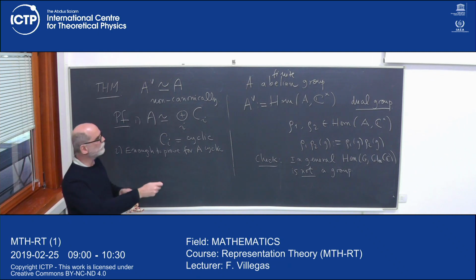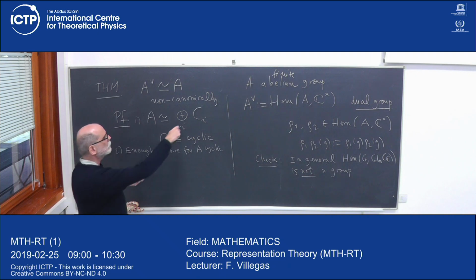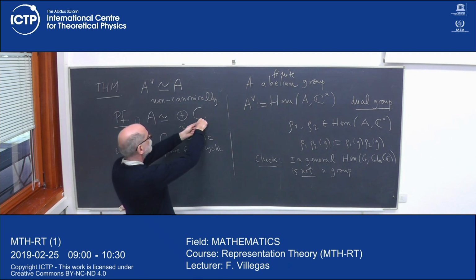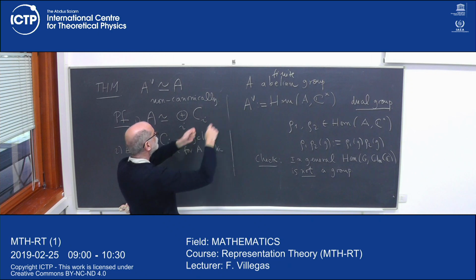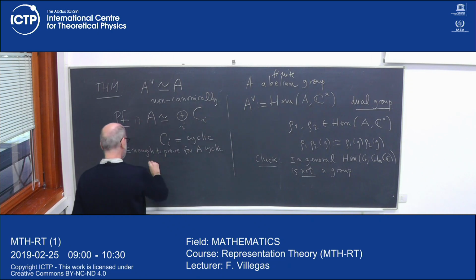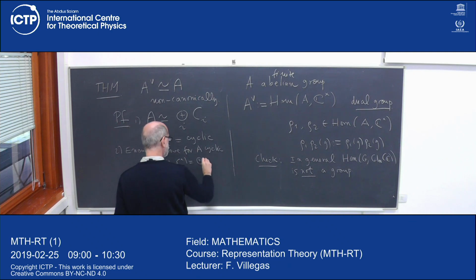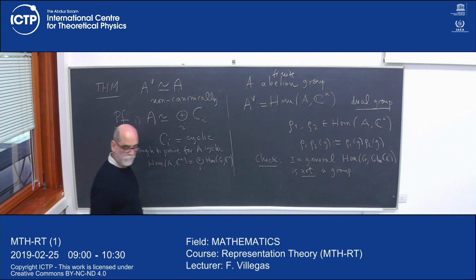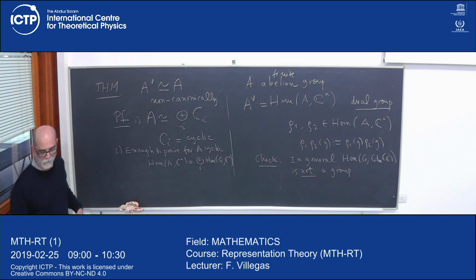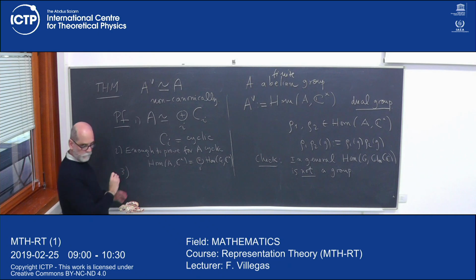Each homomorphism from the direct sum of the C_i to C star is given by a homomorphism from each C_i to C star. So we just have to give a homomorphism from each factor.